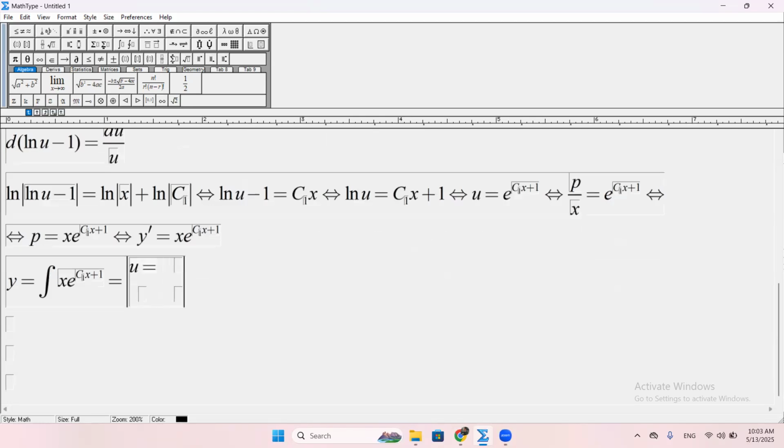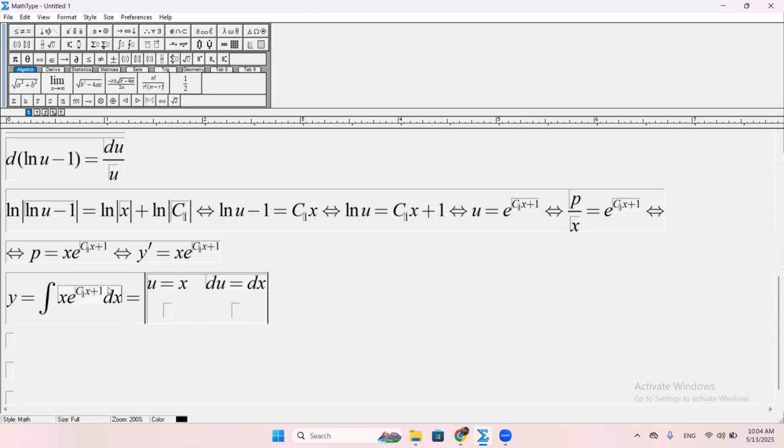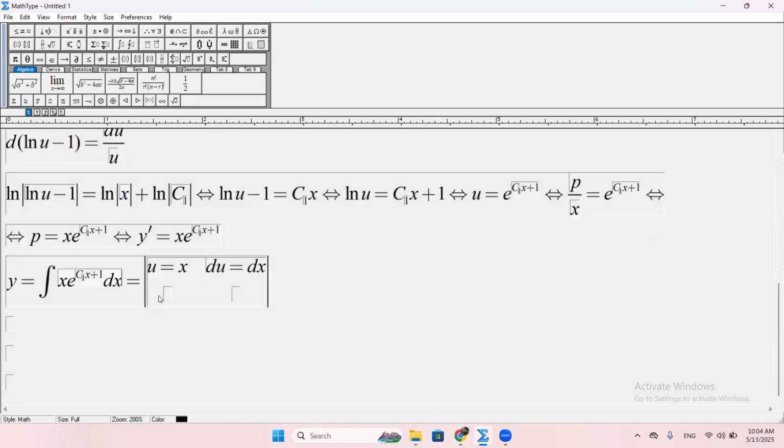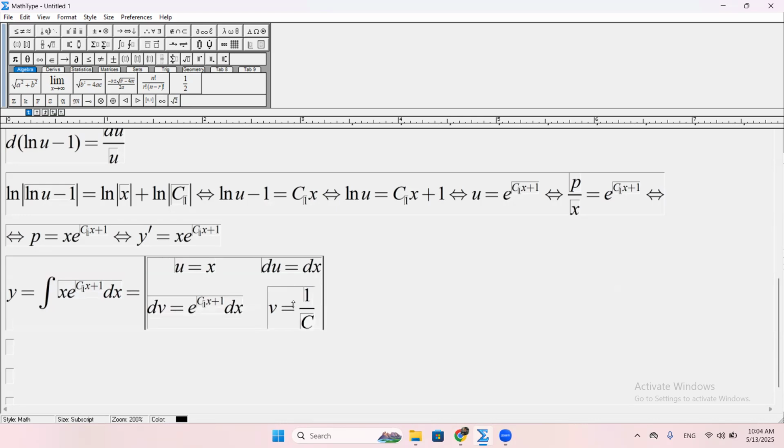So u equals x, du equals dx. Now everything is okay. So dv equals e in power of c1x plus 1 dx. Then v equals 1 over c1 exponent.